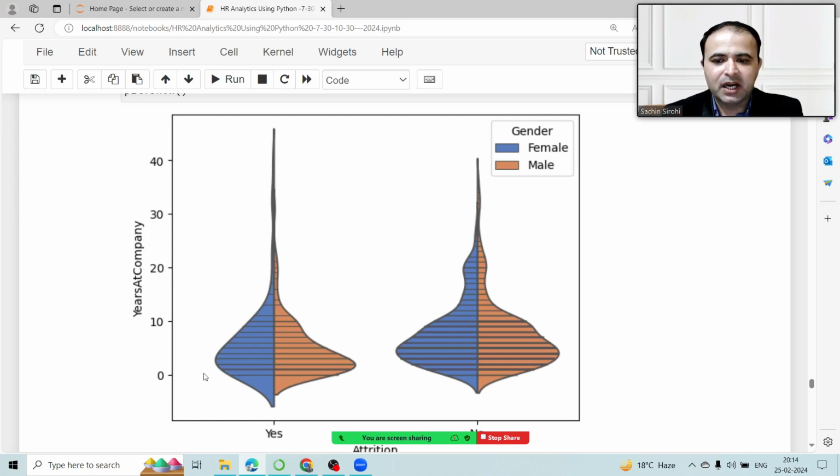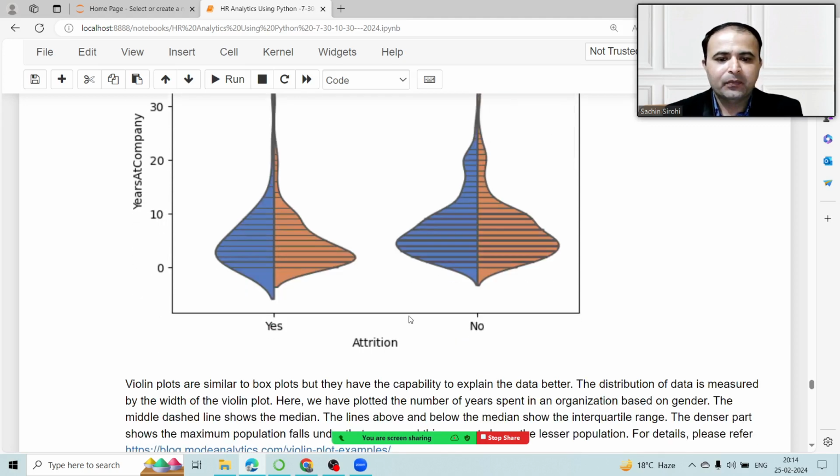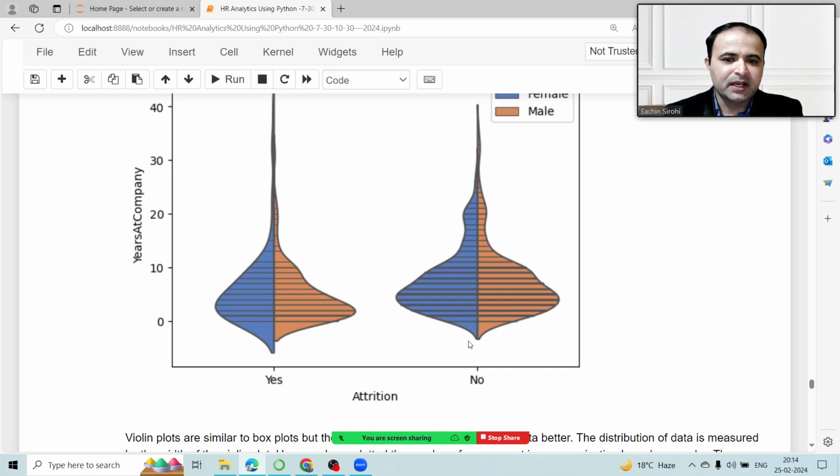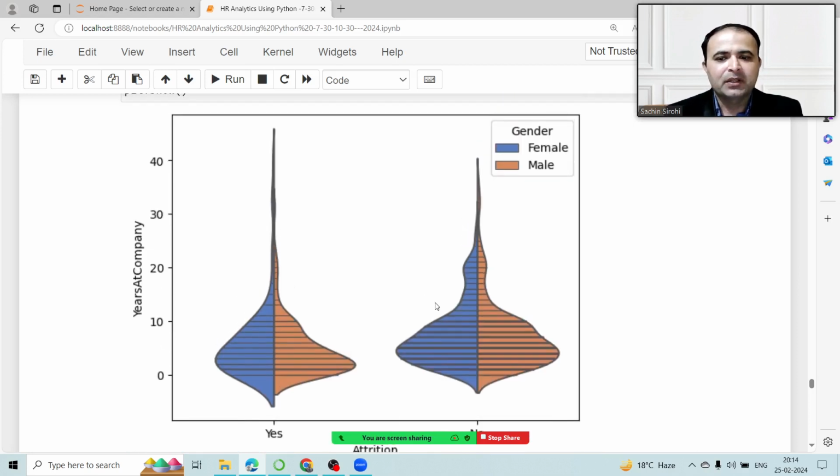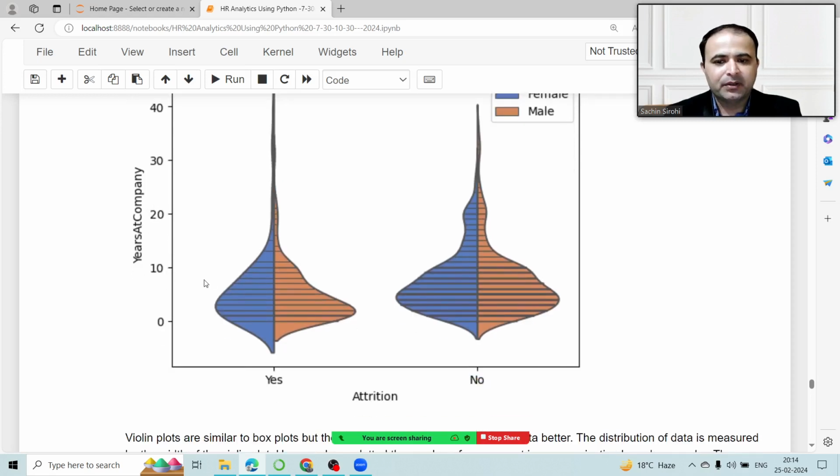It starts from 0 and goes up to 10. Employees working from 0 to 10 years, the attrition rate is high, for years at company.